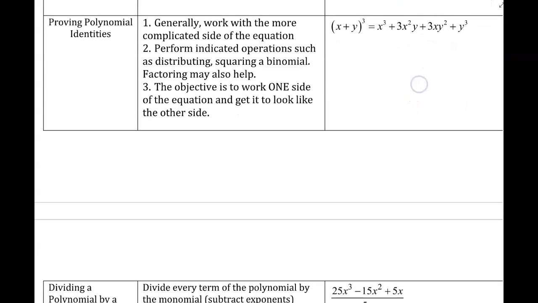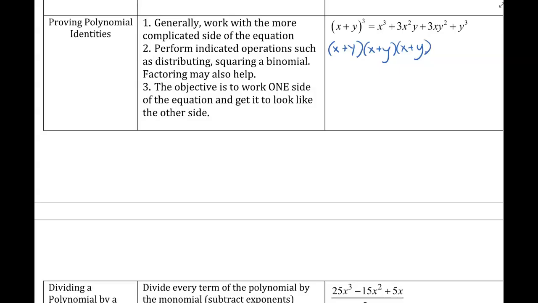When we are proving our polynomial identities, we want one side to end up looking like the other side. For this one, I'm going to cube this binomial, which means I'm going to have to write it out 3 times. X plus y times x plus y.